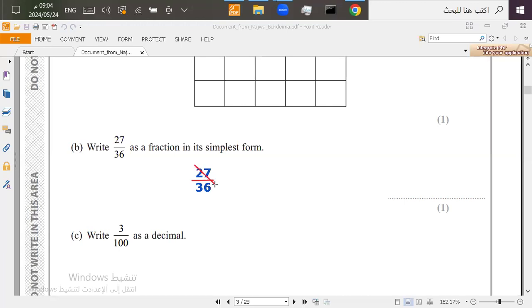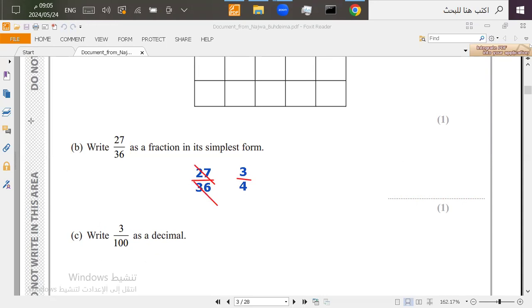We're going to divide by 9: 27 divided by 9 is going to be 3, and 36 divided by 9 is going to be 4. So the simplest form will be 3 over 4. Let's make a fraction line to show that it's a fraction.